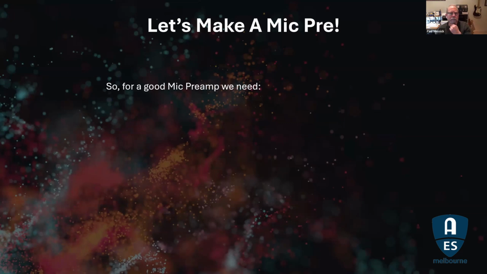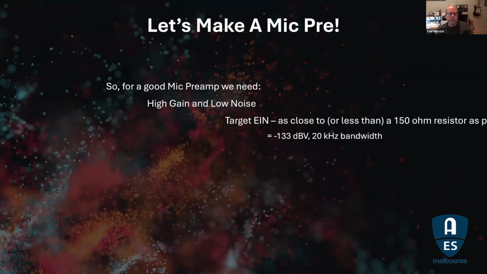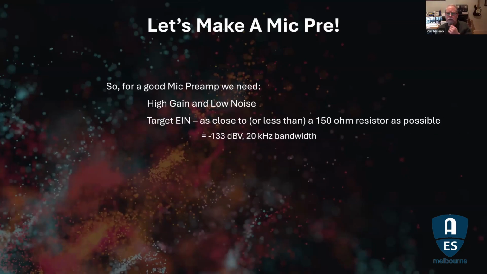So for a good mic preamp, we're going to need lots of gain and low noise. We're going to try and get the target EIN to be as close to, or if possible even less than, the noise that you would just get out of a 150 ohm resistor, since that's what the microphone has.